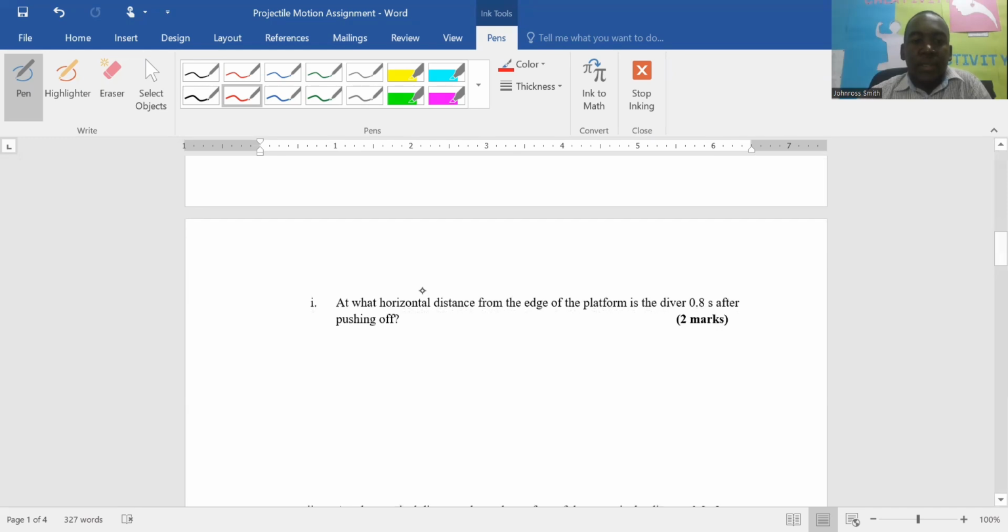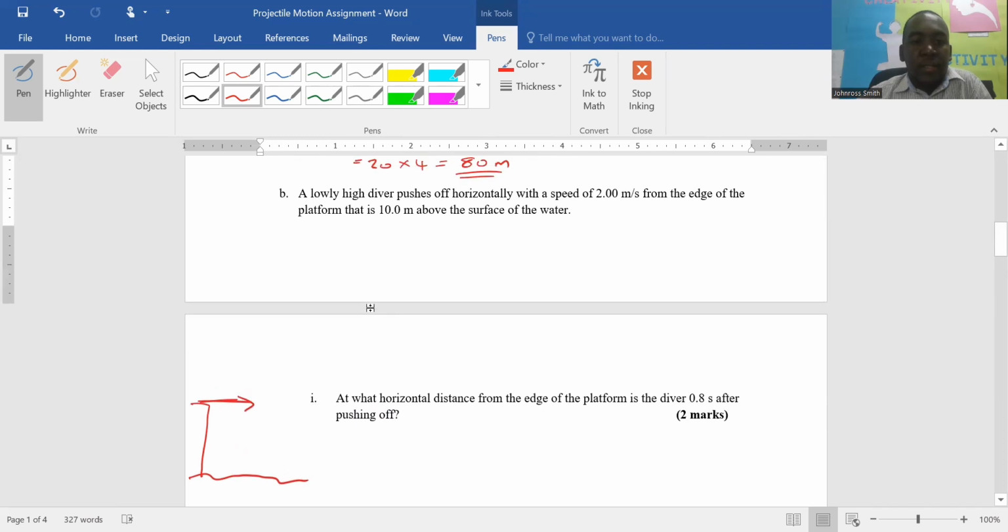What horizontal distance from the edge of the platform is the diver 0.8 seconds after pushing off? So let's say this is your water here, and the diver pushes off horizontally at 2 meters per second. Then it is at a y value.